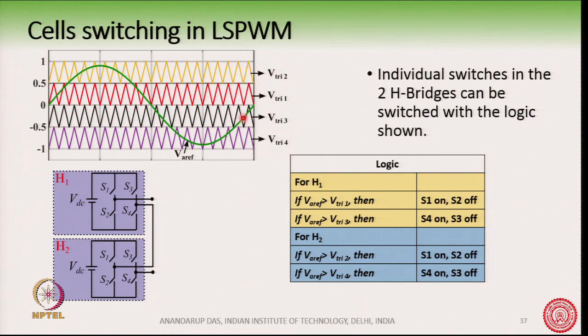So, these two outer triangles we will use. If we had another cell H3, then we would have used 2 more sets of triangles, one here, another here.